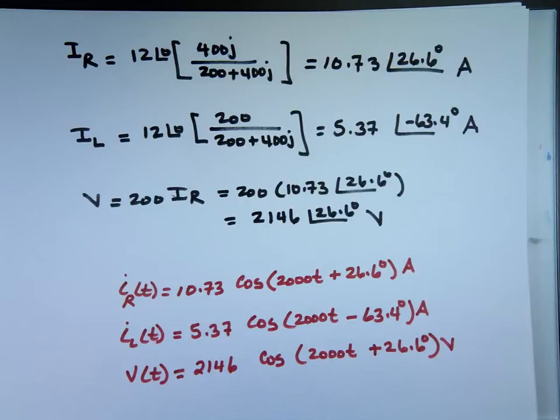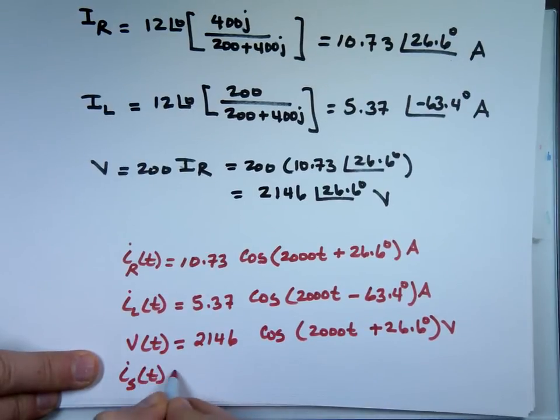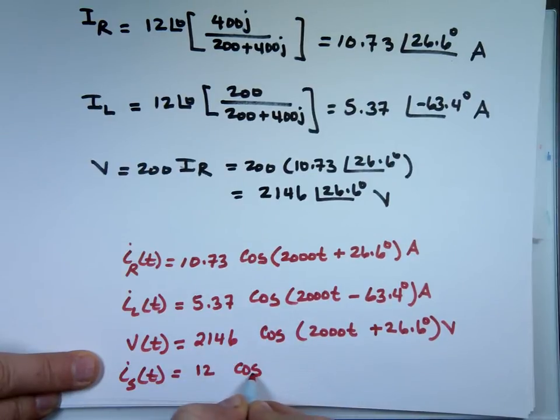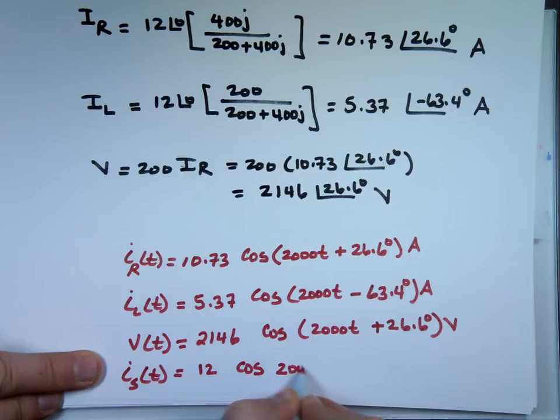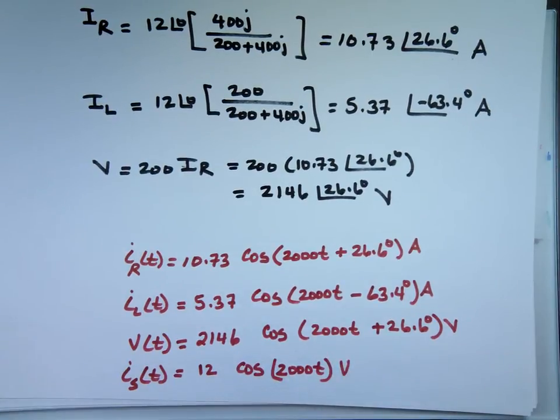And we know what I sub source as a function of time, that was given to us to be what? 12 cosine 2000 T. So we know all of them. Now we can find the power absorbed or supplied by each one.